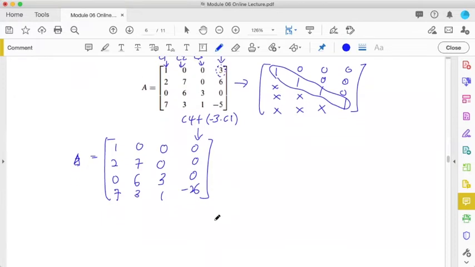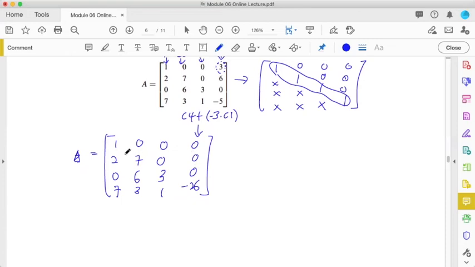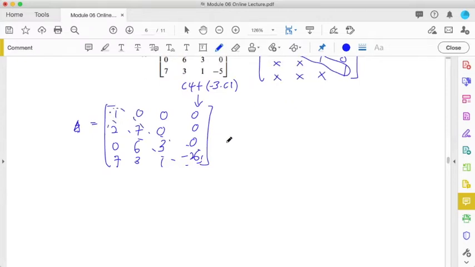If you can see here, we already have this in the form of a lower triangular matrix. The only thing we need is to make this diagonal line become 1. We start with row 2 first. In order to get 7 to become 1, we multiply by 1 over 7.